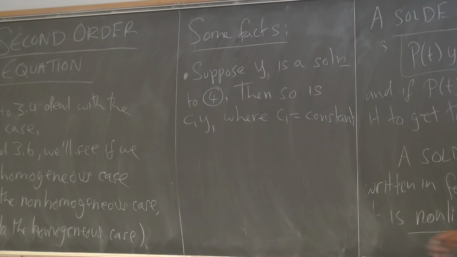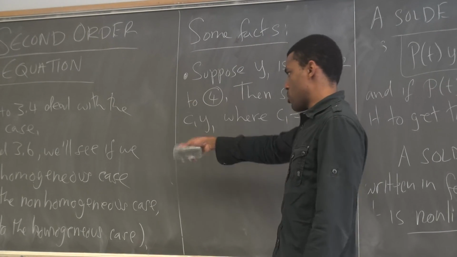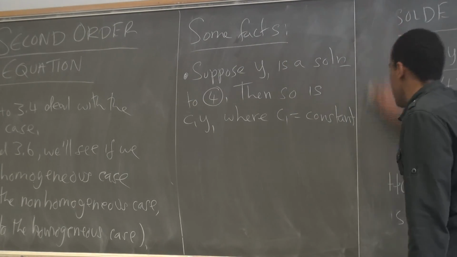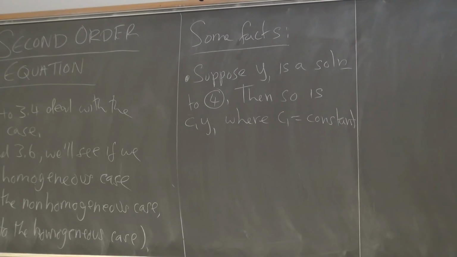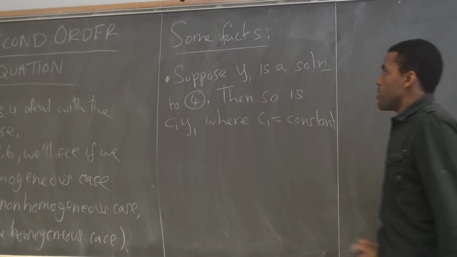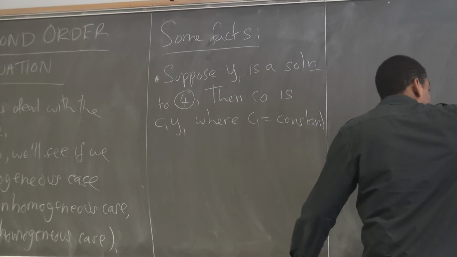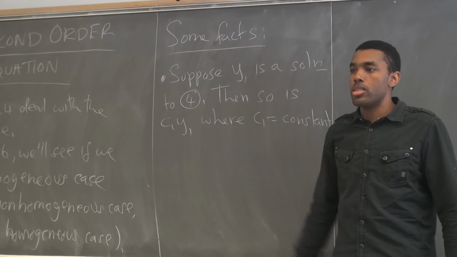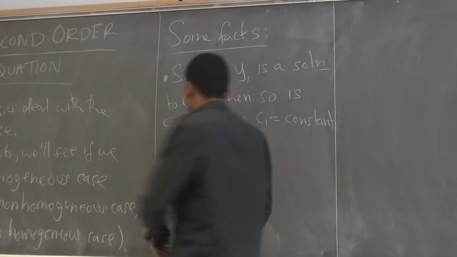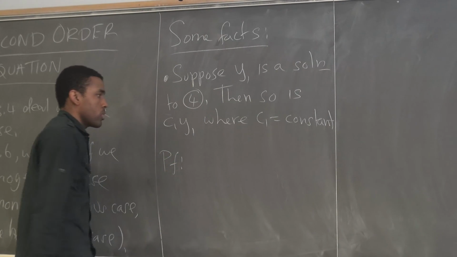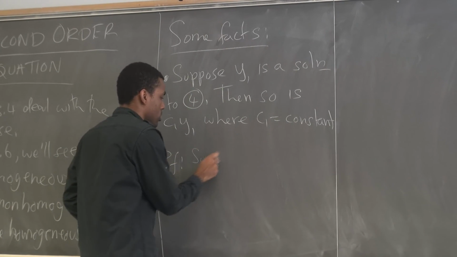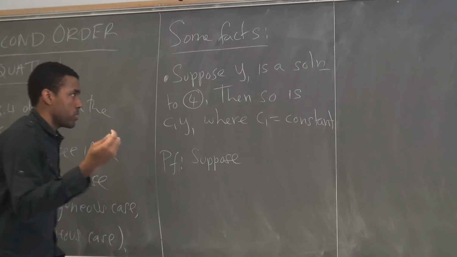We saw that on the first day of class, when we had y prime equals y, and I asked you to guess the solution. You guessed e to the x, and then you were like, well, any constant times e to the x should work. And a similar thing will happen here. Meaning, if I know any solution to this equation, then a constant times that solution is also a solution. Right? That's going to be an important fact for us later. The proof is not hard.